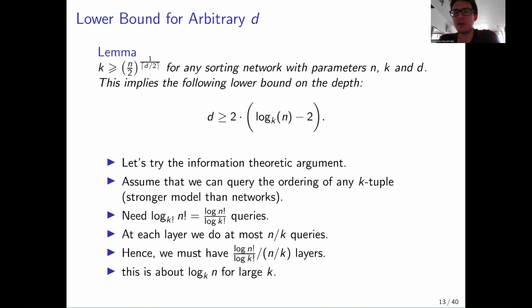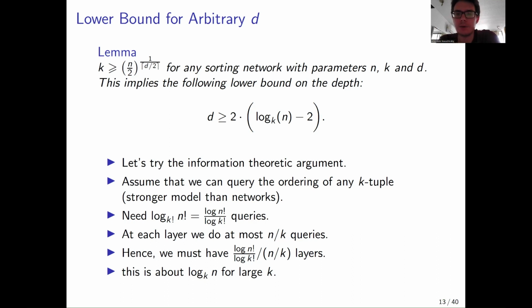In the end, we want to know the ordering of all the n stones, but there are n factorial possible orderings, and each query basically has k factorial different results, which shows that the depth of the tree, if you consider your algorithm in this model as a tree, should be at least log n factorial base k factorial, which is basically log n factorial divided by log k factorial.